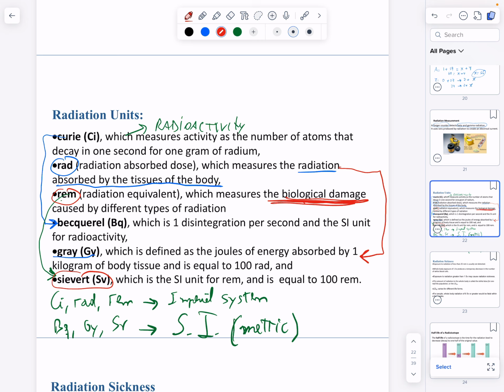That means you were exposed to radioactivity, your tissues already absorbed radiation, but that radiation inside your tissues is destroying your cells. How much was destroyed is going to be in rem or sievert units.